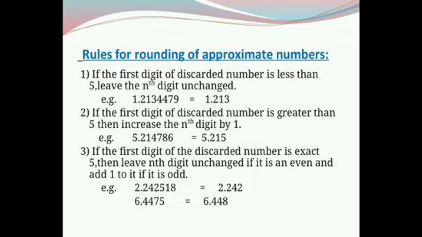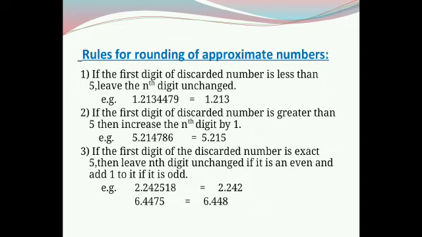Third rule is, if the first digit of the discarded number is exactly 5, then leave the nth digit unchanged if it is even and add 1 to it if it is odd. See here, the first digit of the discarded number. First example is 2.242518.